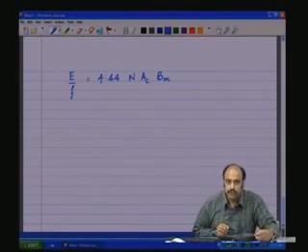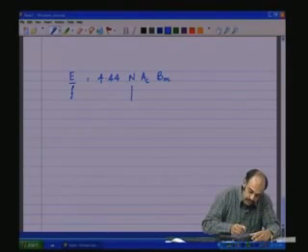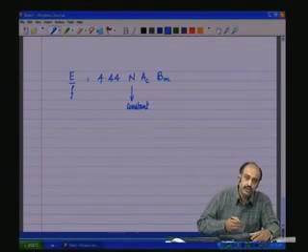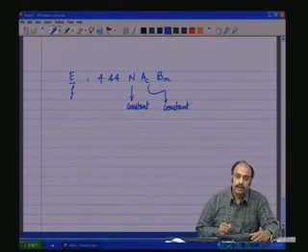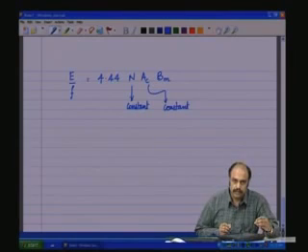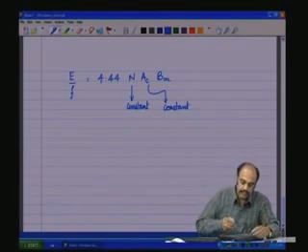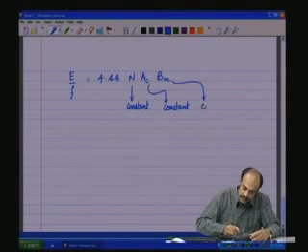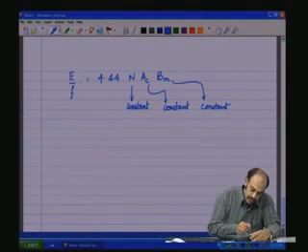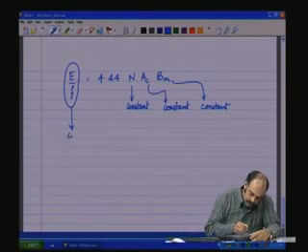So, for a transformer design, once a core is chosen and the number of turns is fixed, the maximum operating flux density in the core is also fixed. Then this figure is a constant.